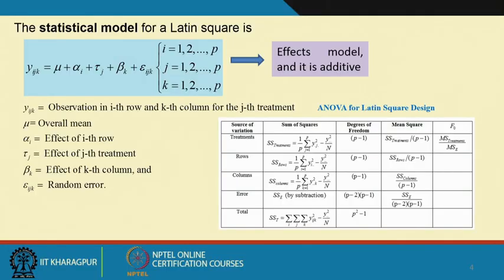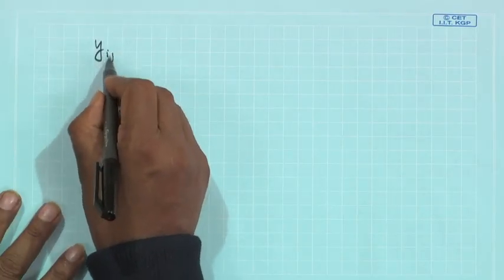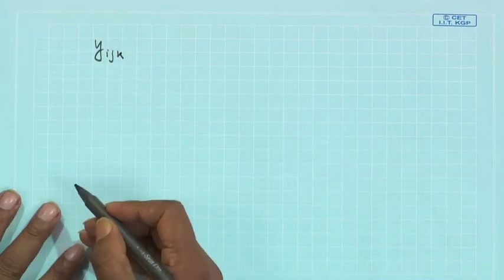So, now what is the statistical model? The statistical model has three directions, y i j k.